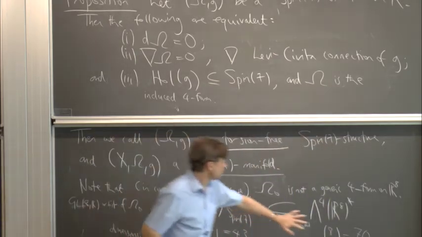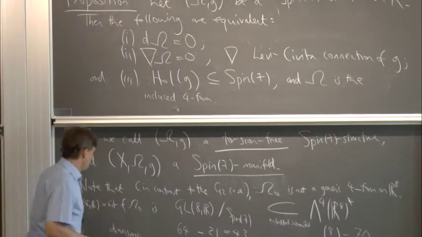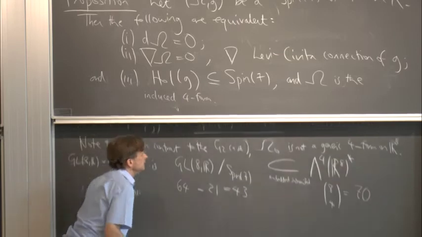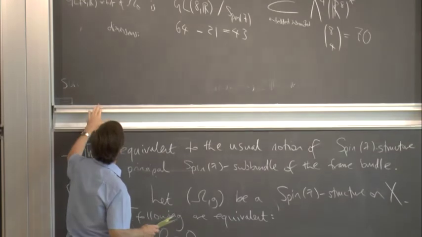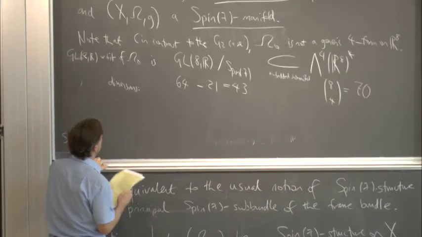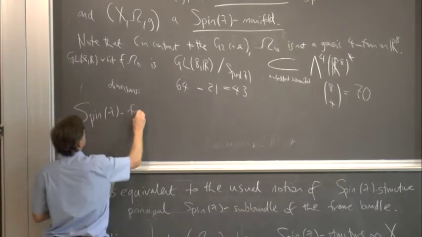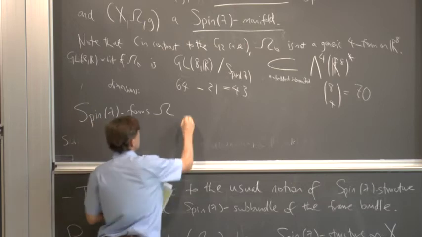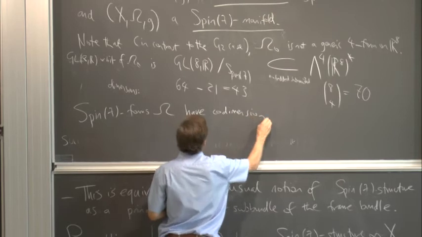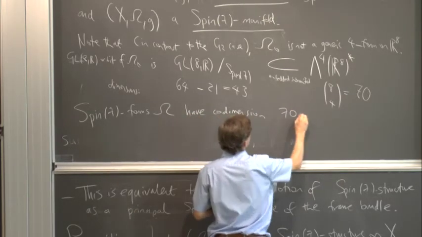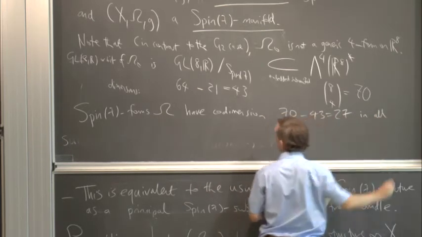So this dimension is bigger than that dimension, and so we see that spin 7 forms Ω have codimension 70 minus 43, which is 27, in all 4-forms.